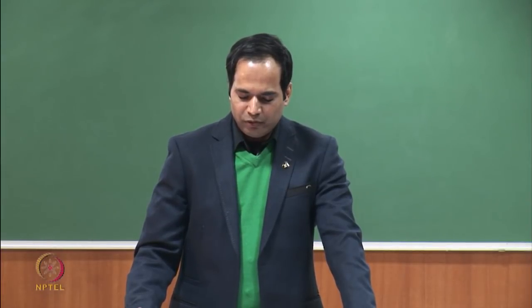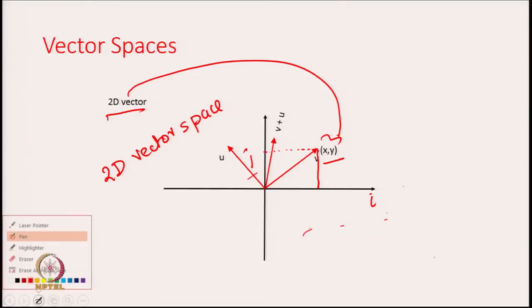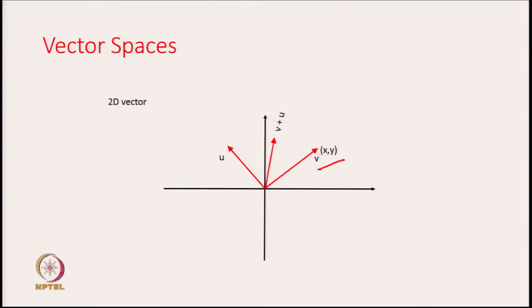Now, if you have a 2D vector, you can have another 2D vector, and I can add these two vectors. So, vector addition is defined, it should be possible. Once you add the two 2D vectors, what you end up with is another 2D vector.